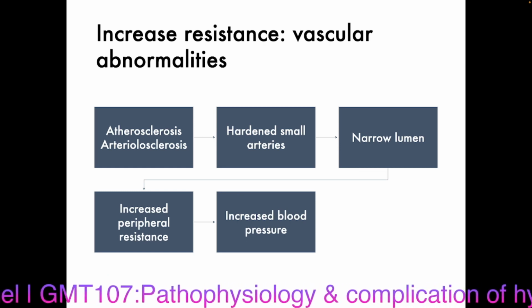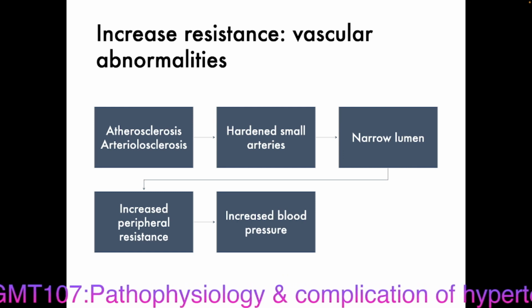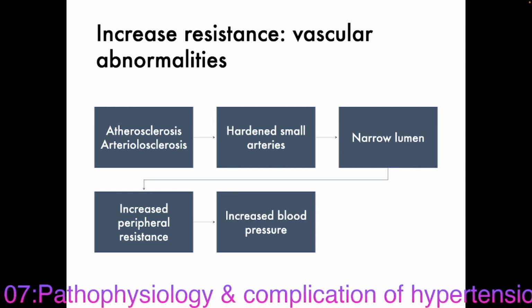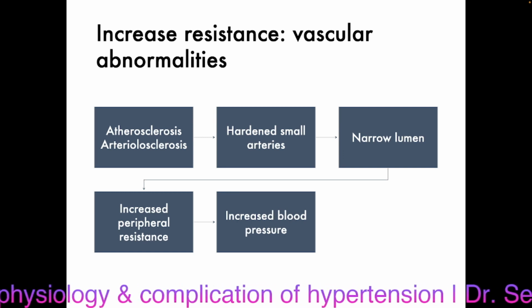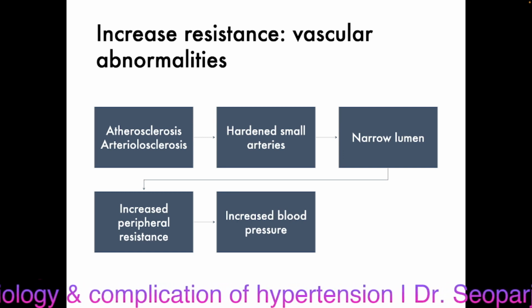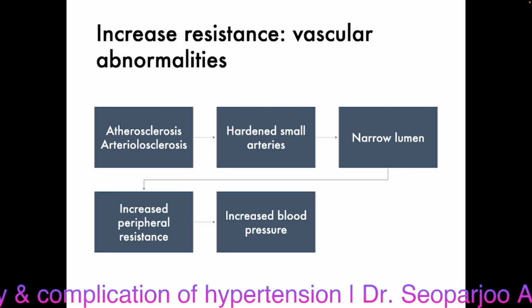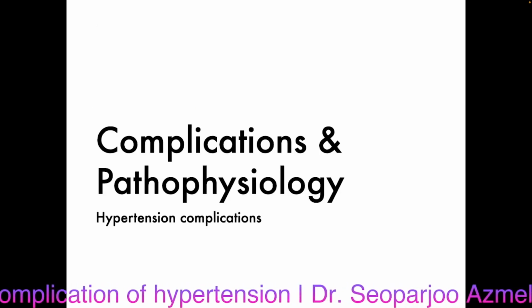This will increase the peripheral resistance, so the heart needs to pump harder in order to overcome this resistance. This will increase the blood pressure and cause hypertension in the patient.